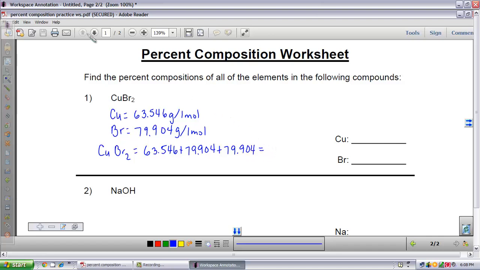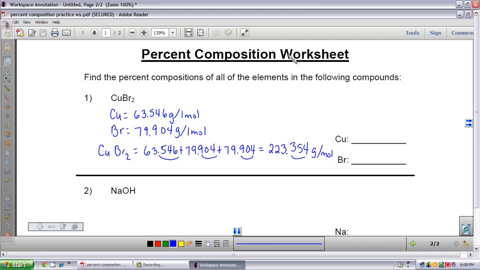Okay, so when you put this in your calculator, you're going to take 63.546 and add 79.904 plus another 79.904, and altogether you'll get 223.354. Now if you look at your sig figs, there's 3 decimal places here, 3 decimal places here, and 3 decimal places. So my answer can only have 3 decimal places.